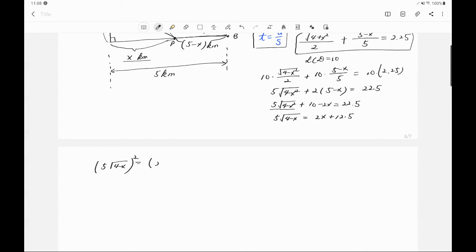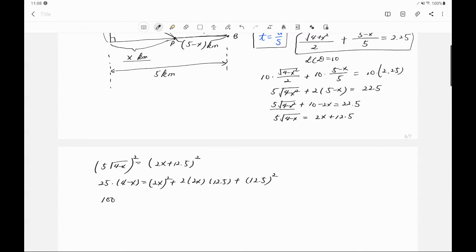Square each side. This is 25 times 4 minus x, then the first term squared, 4x squared, so 2x squared plus 2 times the first term and the second term plus the second term squared.